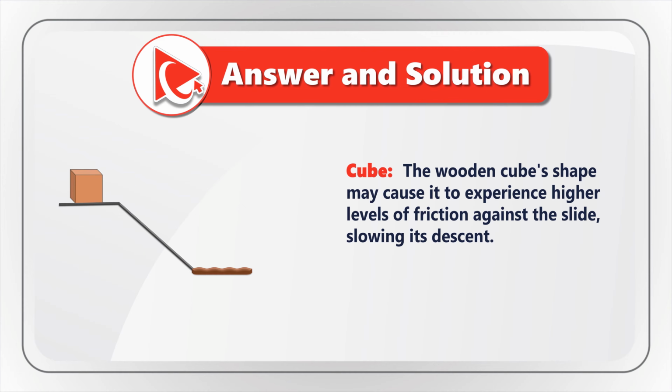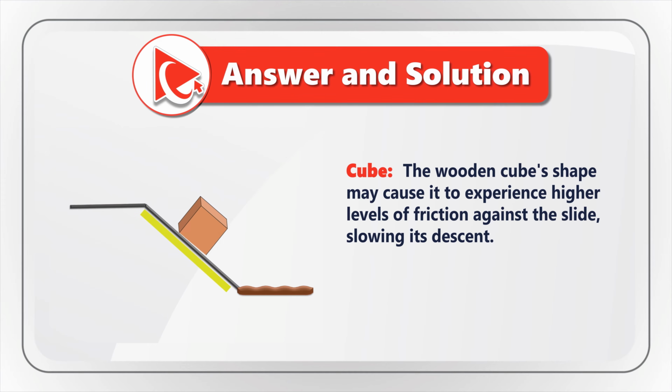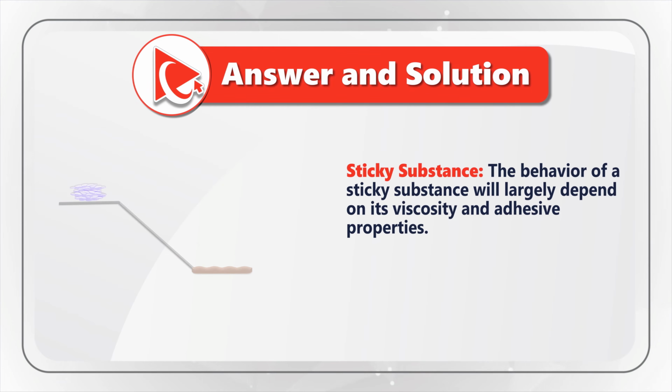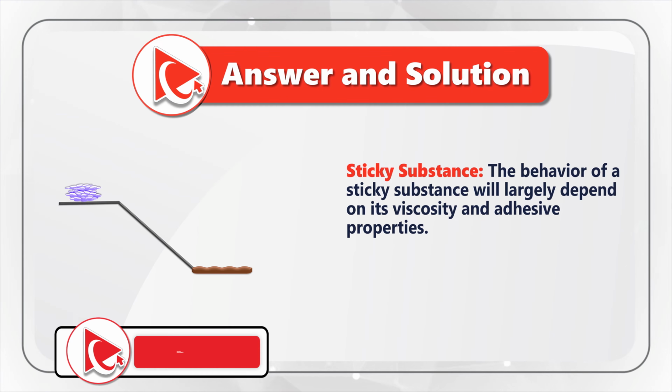The cube's shape may cause it to experience higher levels of friction against the slide, slowing its descent. But at the same time, the sticky substance may move even slower, because the behavior of a sticky substance will largely depend on its viscosity and adhesive properties.